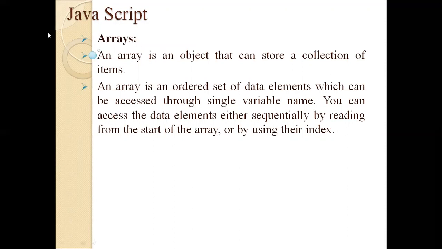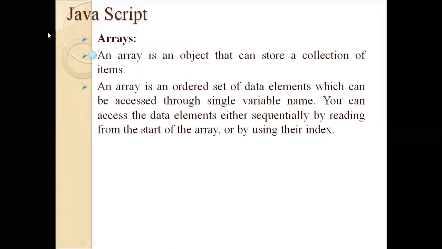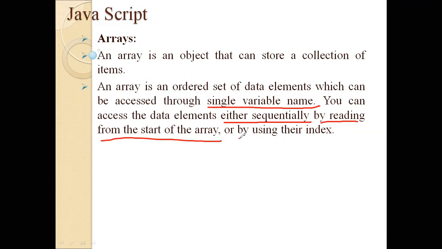Here they mention a single variable name, but there will be a difference in the index value. By using that, we can access the array. You can access the data elements either sequentially by reading from the start of the array or by using their index, right?